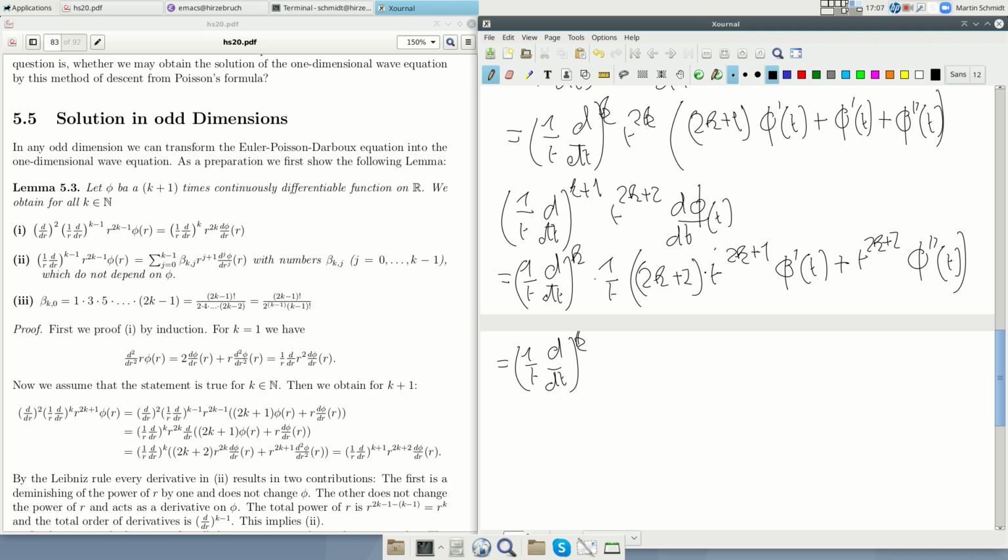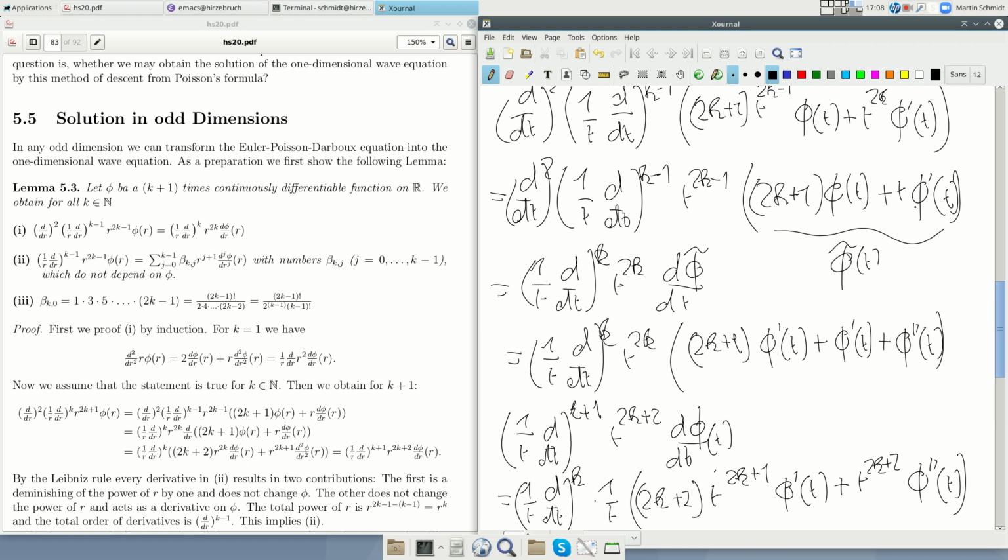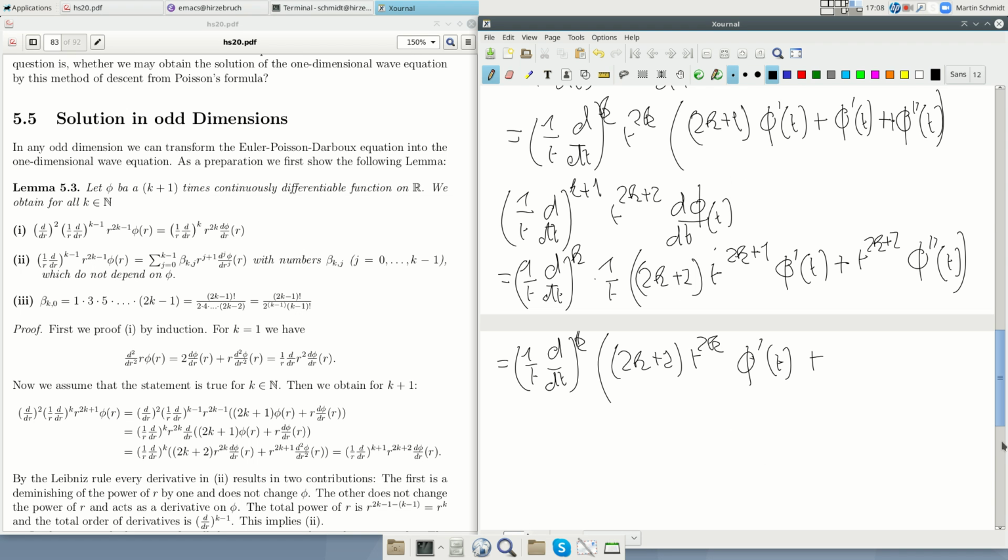Now we multiply this, and we get (2k plus 2) times r to the power 2k times phi prime of r plus, here we missed this r, here's an extra r, plus r times phi double prime, r to the power of 2k plus 1 phi double prime.